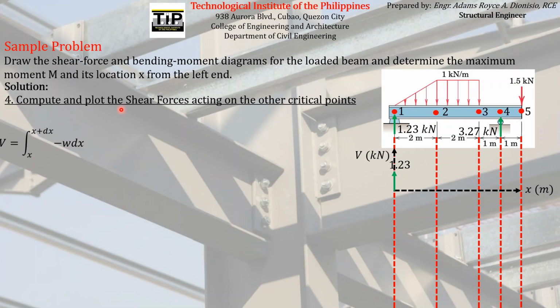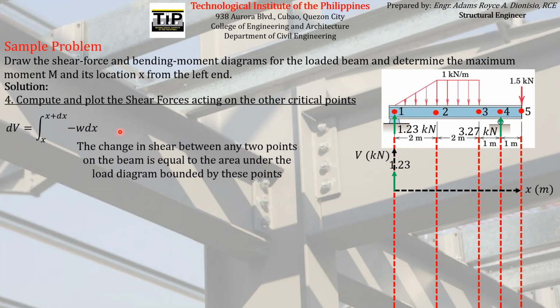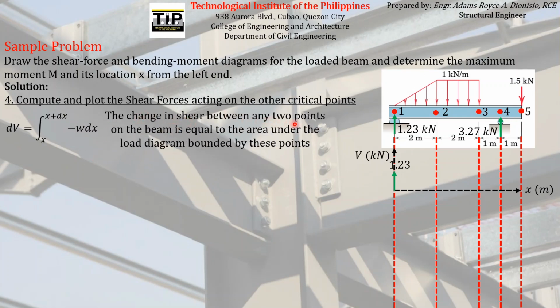And according to the information we have derived earlier, we have found out that the change in shear between any 2 points on the beam is just equal to the area under the load diagram bounded by these points. So change in shear can be interpreted as a difference in shears. This is also equal to this.